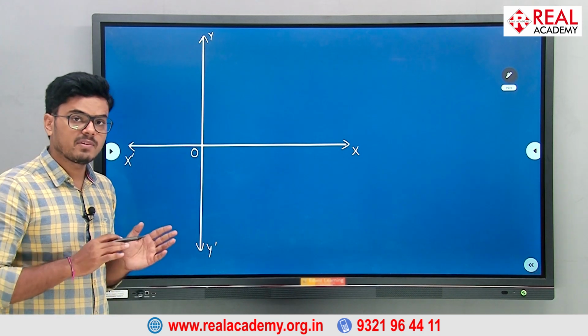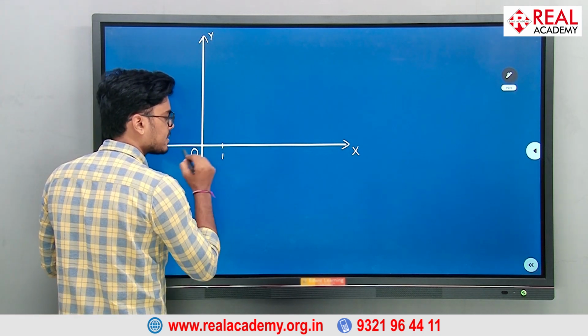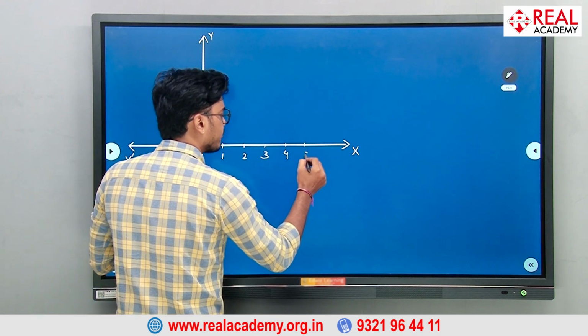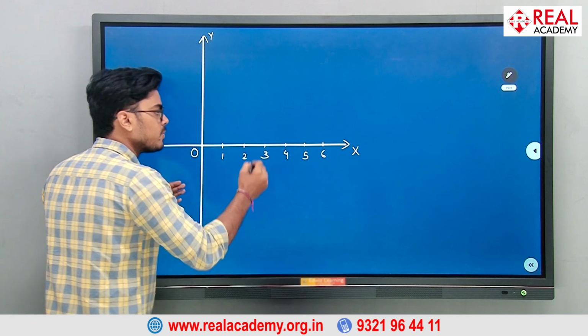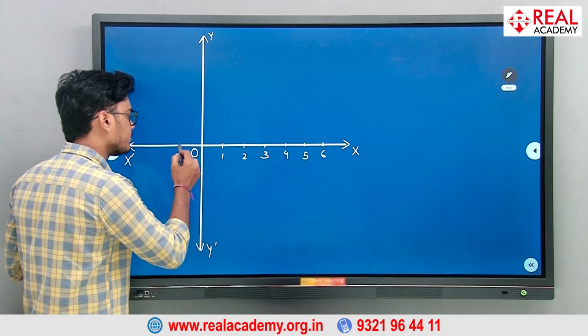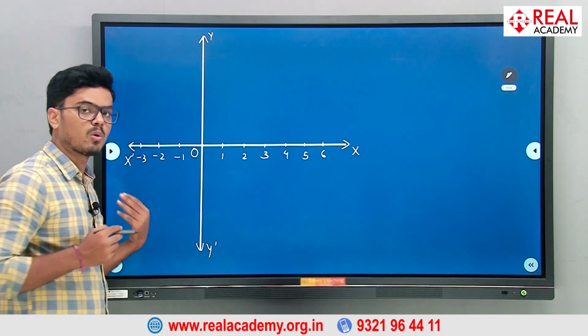And you know from your previous standards that the right side of the origin is the positive direction for x. So 1, 2, 3, 4, 5, 6 at uniform distances, we mark the points in this way. On the left side of origin, -1, -2, -3 and so on.